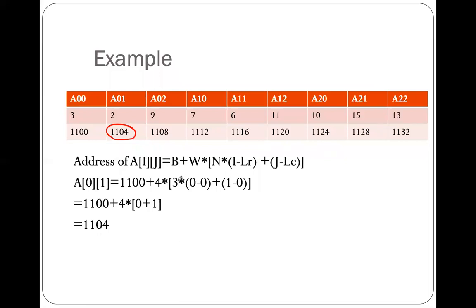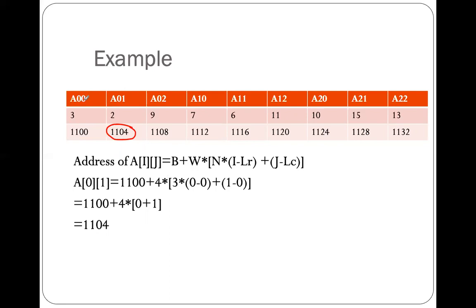So here we have taken the 3, and what will be the row index? It is 0. Okay, and what will be the row lower index? It is 0, it starts from 0. Okay, so 3 into 0 minus 0 plus, and what will be the column index? It is 1, j is 1. Okay, and what will be the column lower index? It is 0, because column also starts with 0 only.